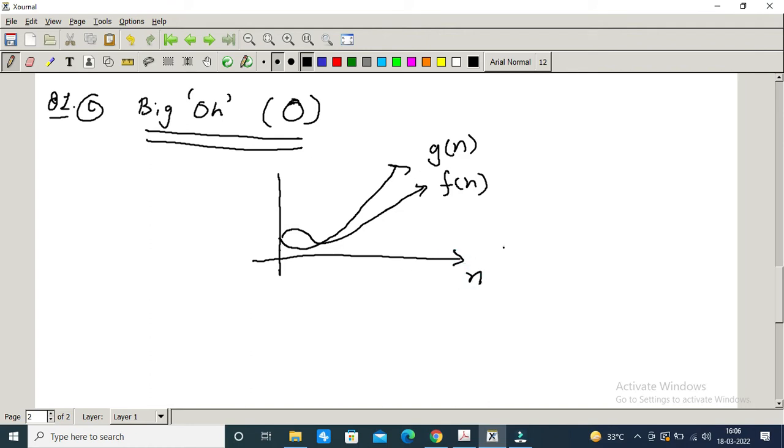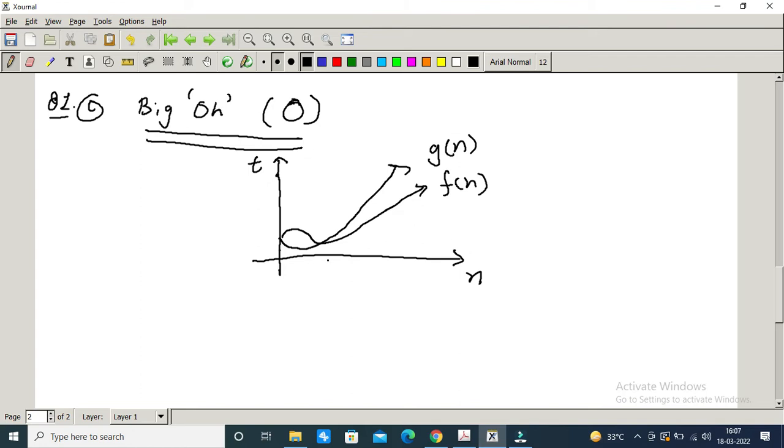n, the number of inputs. So as the number of inputs grows, if you have 2 numbers, 3 numbers, 4 numbers, 5 numbers, so the input size is increasing, and the time will increase as well, because this is a plot between the size of your input and the time.